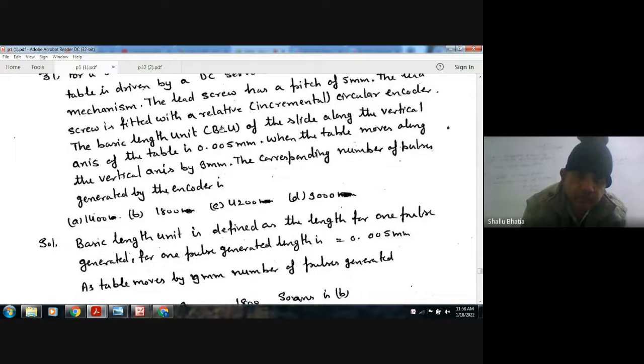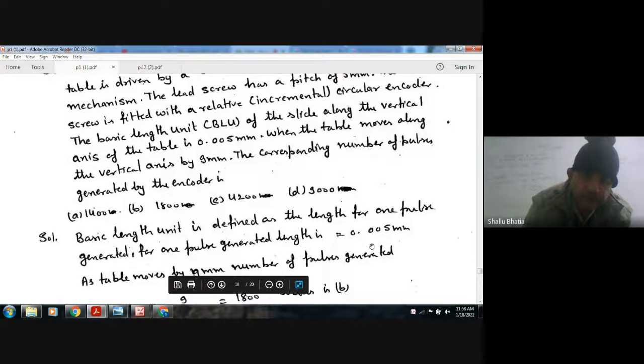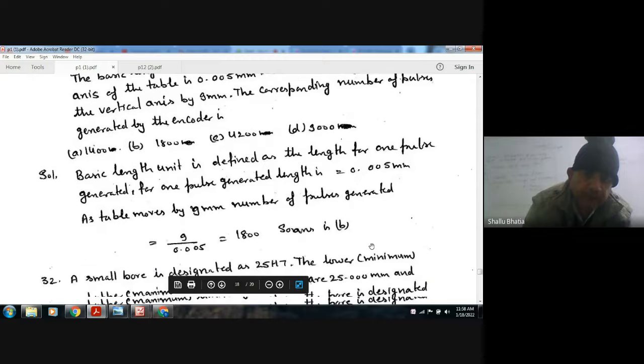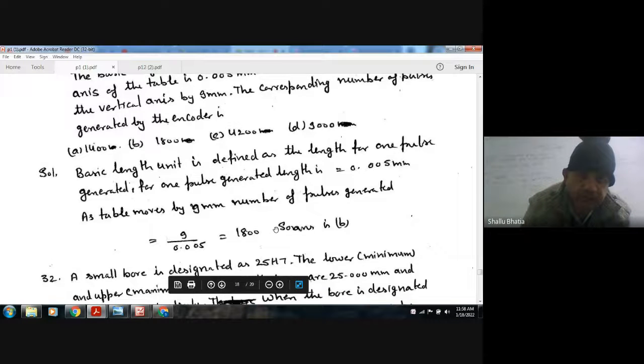So for one pulse the movement is just 0.005 mm. For 9 mm, the number of pulses required will be 9 divided by 0.005, that is 1800. So the answer is D.